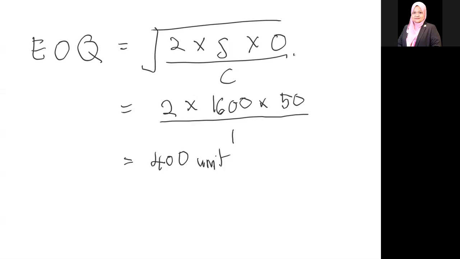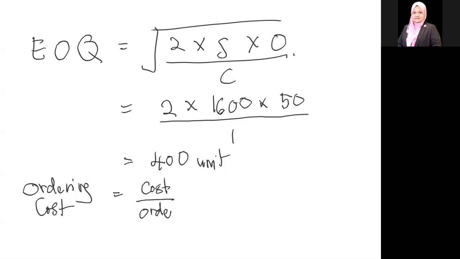All right, so once you know the order quantity, how much is the ordering cost? The ordering cost is the cost per order times the number of orders per year.